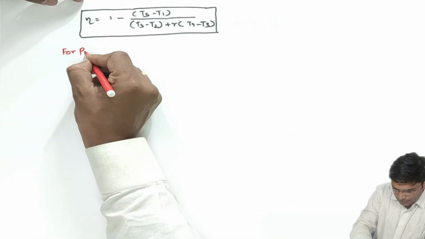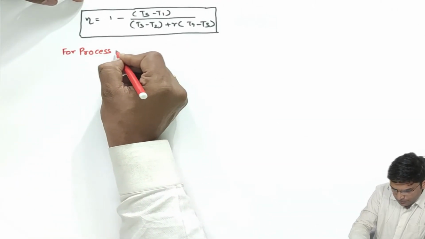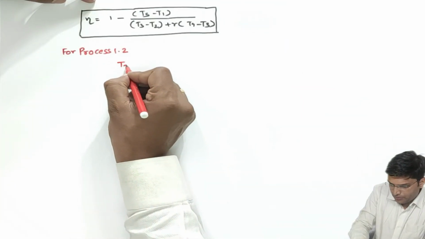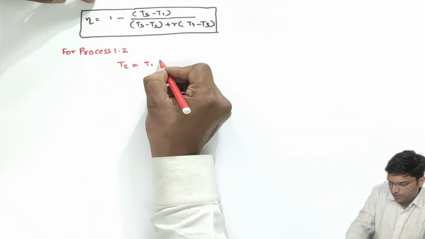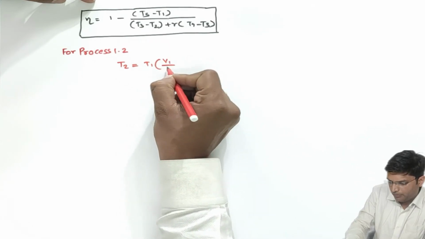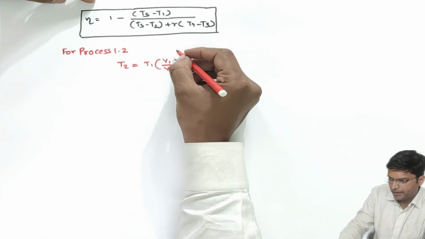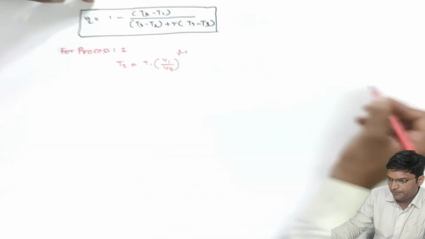Now for process 1 to 2, T2 is equal to T1 times (V1 upon V2) raised to gamma minus 1.